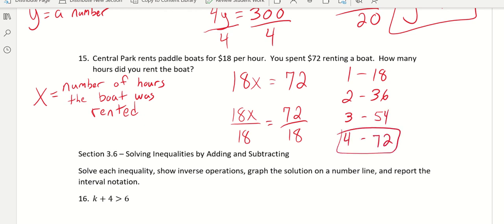Ding, ding, ding. So x equals 72. No, not 72. x equals 4. 72 divided by 18 is 4, right? So x equals 4. You rented the boat for 4 hours. So if you were asked to write this in a sentence, the boat was rented for 4 hours.